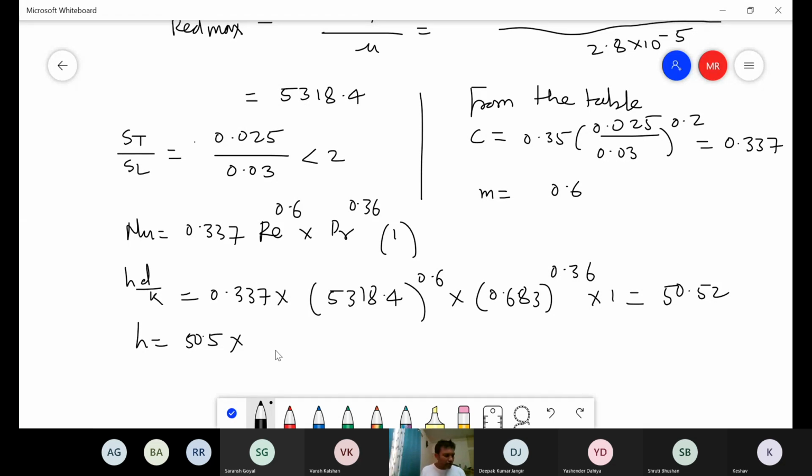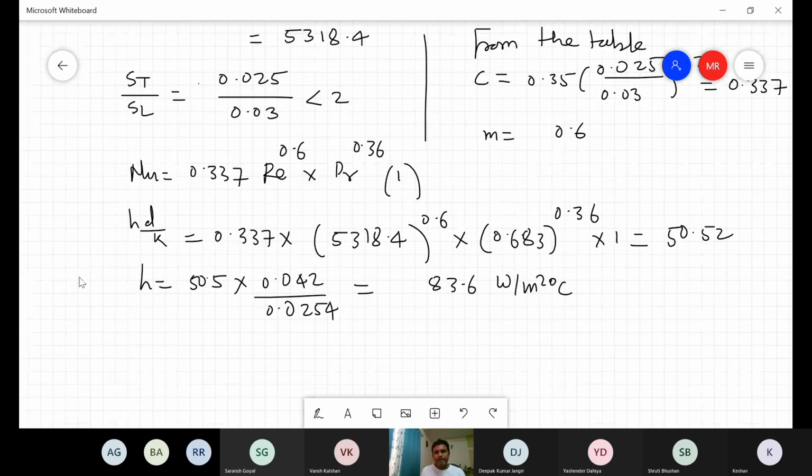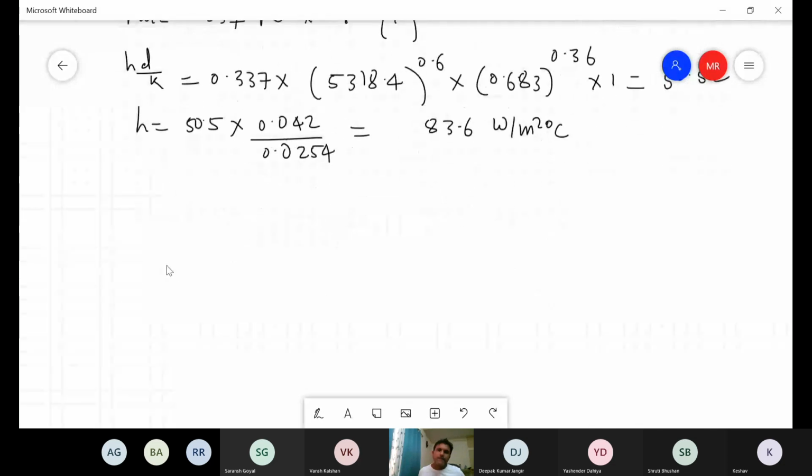K is already given, so k is 0.042 divided by the diameter 0.0254. So this comes around 83.6 watt per meter square degree Celsius. Is it correct? Hello? It's coming out to be 83.5.